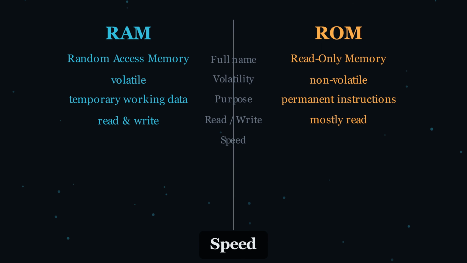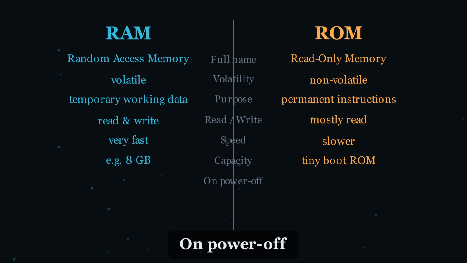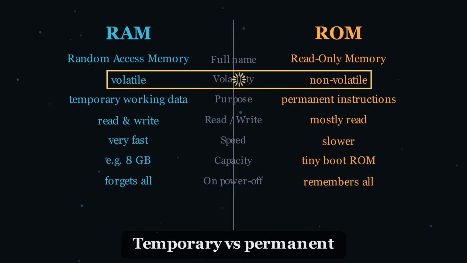Speed: RAM is much faster, ROM is slower in comparison. 6. Capacity. A phone might have 8 GB of RAM while its boot ROM is tiny. 7. Data on power off. RAM forgets everything, ROM remembers everything. If you remember nothing else, RAM is temporary and fast, ROM is permanent and stable.